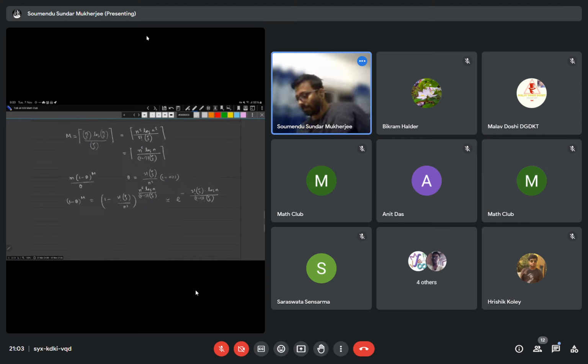So you basically get e to the power minus s log n, which is nothing but n to the power minus s. Okay, so 1 minus theta to the m is of the order of n to the power minus s.